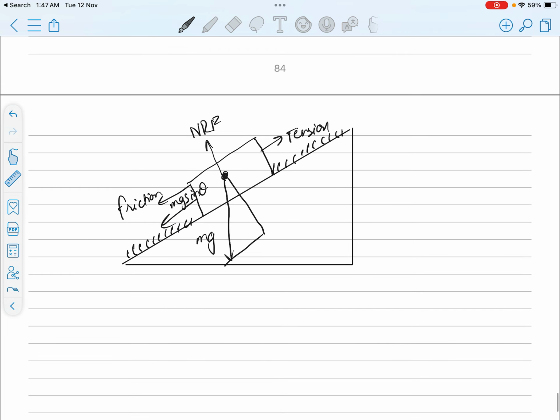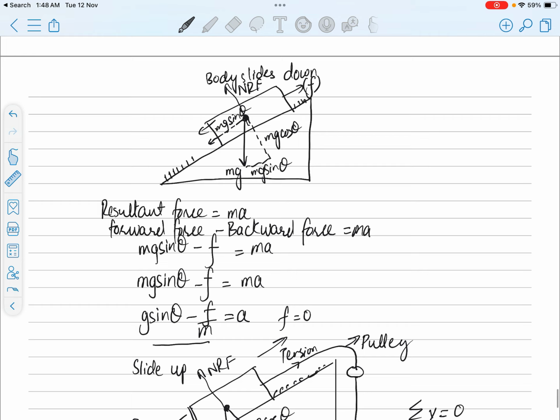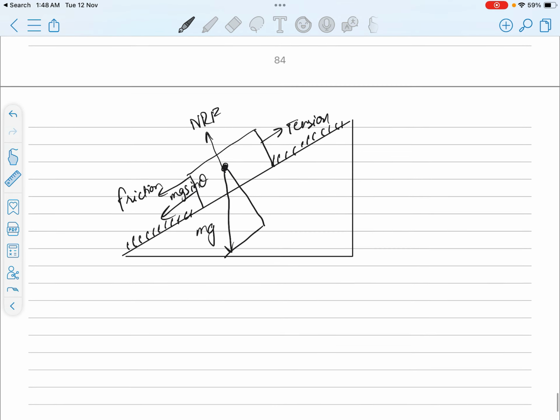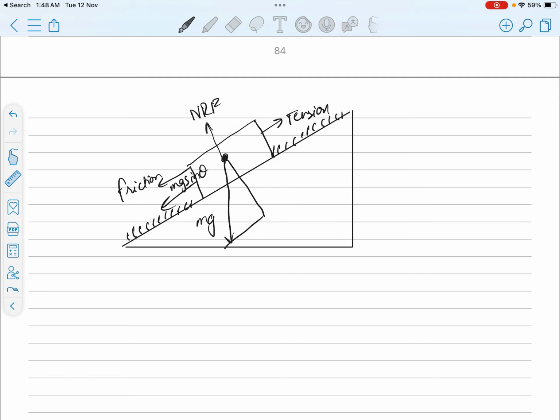In this case, we imagine that the sum of tension, friction and mg sine theta is 0. The mg cos theta and normal reaction force are already equal, but the tension and friction plus mg sine theta are also equal, meaning that acceleration is 0.